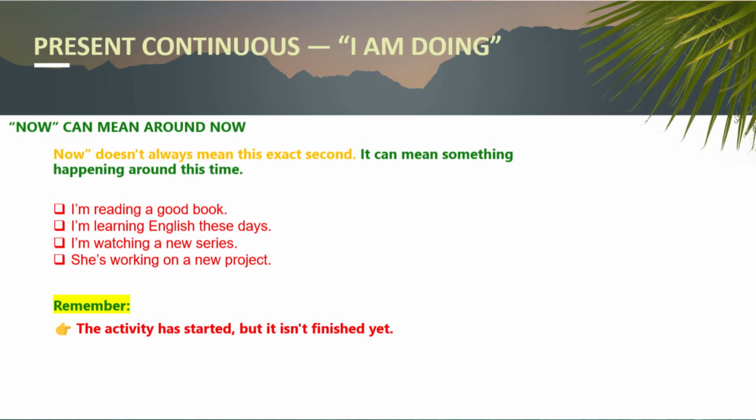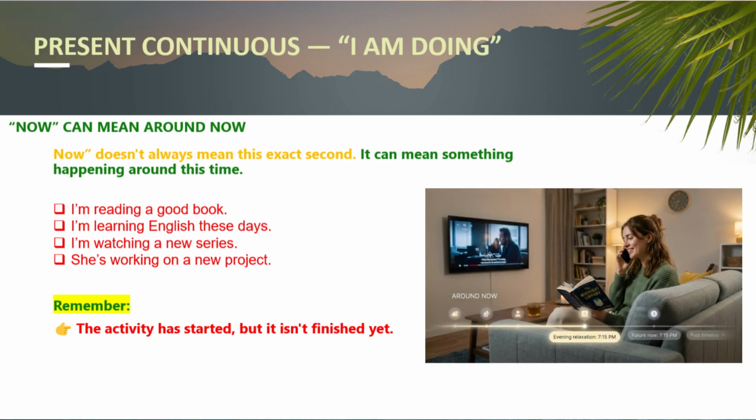Now, here's something very important. When we say the present continuous is used for something happening now, we don't always mean this exact second. We can also use it for something happening around now. For example, imagine I tell you, "I'm reading a really good book at the moment."